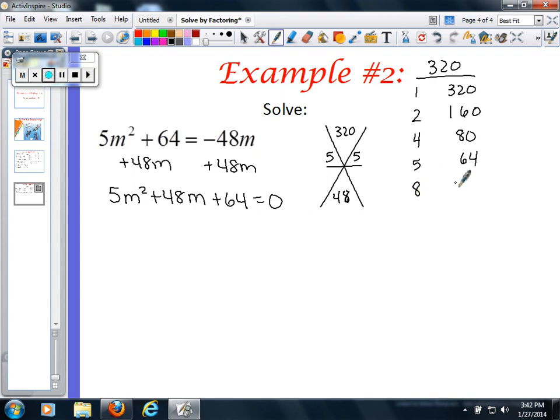This is going to be 8 and 40, and that actually gives us our match here because we have 48. These are all positive, so this is going to be really simple. This is just going to be 8 and 40.